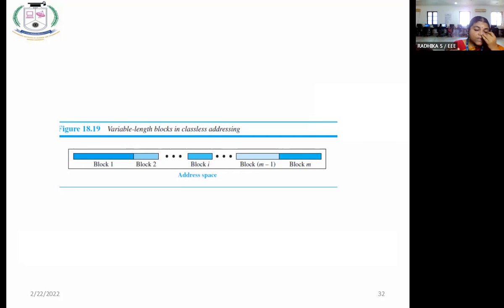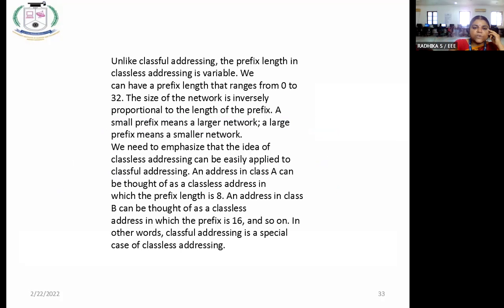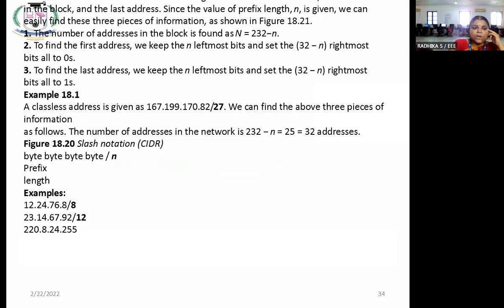And this concept of variable length, or classless addressing, came into the picture when the network providers, the internet providers, who are the organizations that take care of all these things, tried to give addresses to a requested organization or an individual.